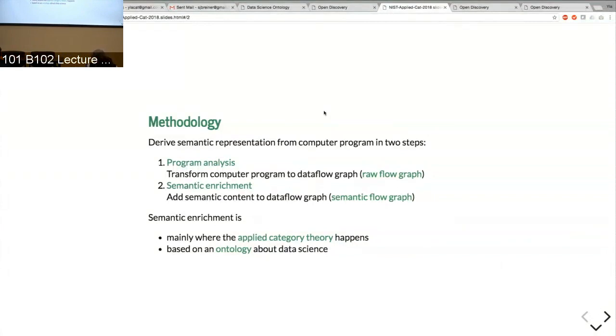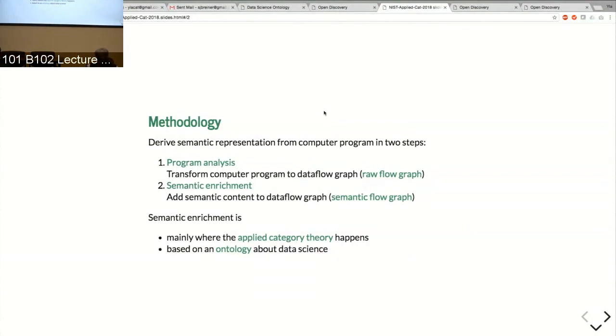We call it that because at this level, the nodes and edges of this graph correspond to the actual functions and types that are used in that particular program. They don't have any semantic content beyond what's already present in the text of the program.